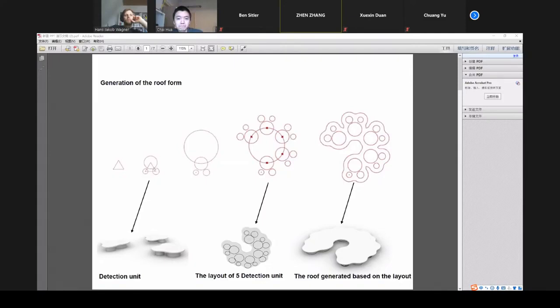And of course, it can be arranged any way around, just according to the site condition. And finally, the roof form was generated according to the layout of the units.